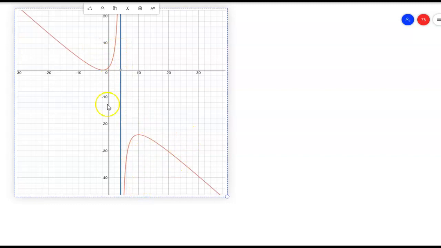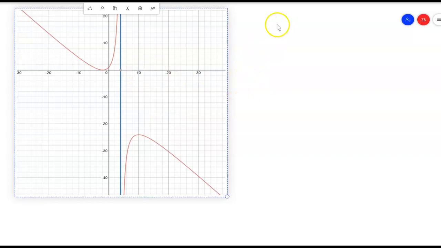So let's start with this vertical asymptote, this blue line here. It's not actually part of the graph. It's a line that our graph is going to approach from both sides. As x gets closer and closer to that x value, our y values on the right are going to go towards negative infinity, and our y values on the left are going to go towards positive infinity.